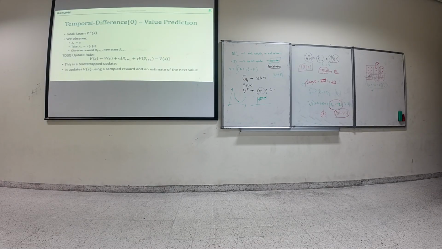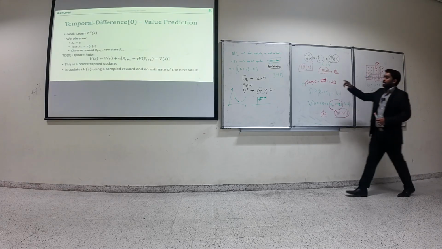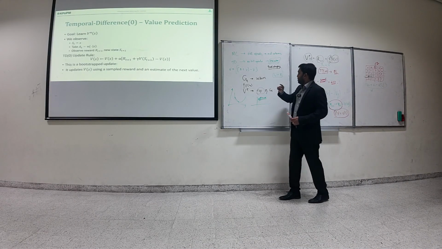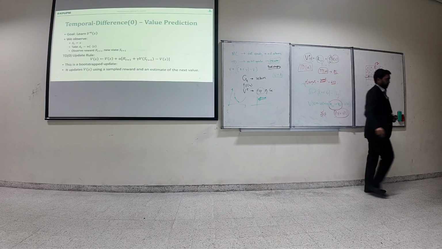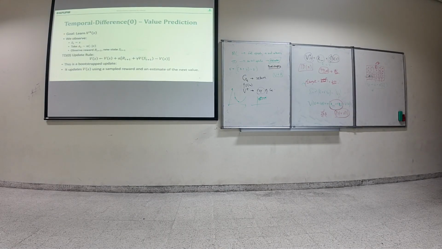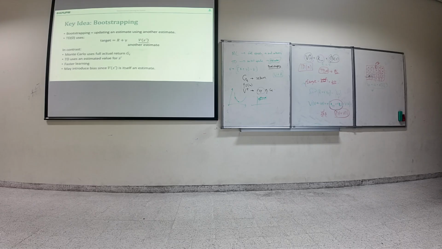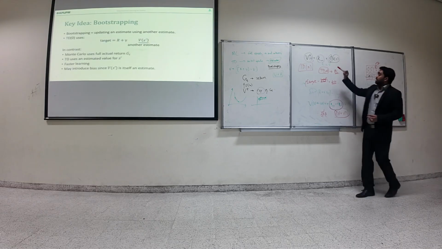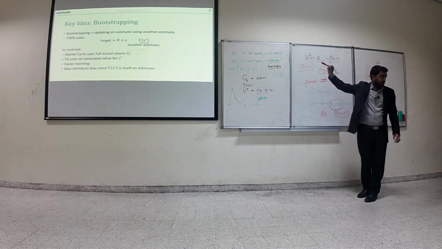Bootstrapping here means estimating. In this example, we started with 0, 0, 0, 0 for all the values, then we are estimating each value, like whether it is good or bad, and based on this we are giving reward. Bootstrapping is simply estimating. In that equation, I'll show you again, you have V of S prime, right?